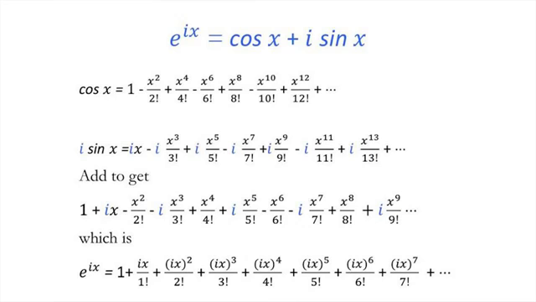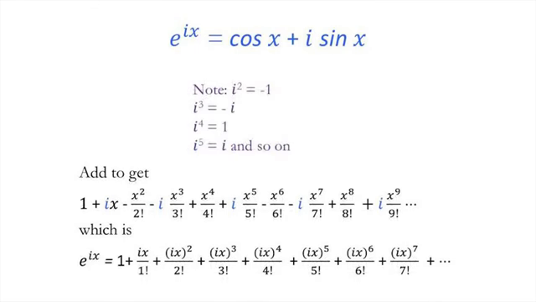e to the ix, 1 plus ix, there we are, plus ix squared over factorial 2. Now, ix squared is going to be i squared times x squared, and we know that i squared is minus 1. So that's giving us the minus x squared over 2. And the next one is ix cubed. Well, here, I'll put it in a slide up here.